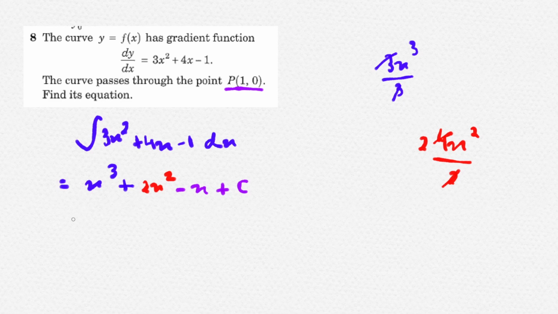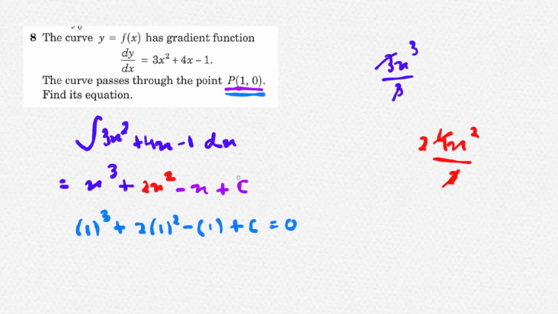Now, looking at the question, we know we have a point 1, 0. So let's sub this back into our equation. 1 cubed plus 2 times 1 squared minus 1 plus c would be equal to 0. This is because in the coordinates, x is equal to 1 and y is equal to 0.